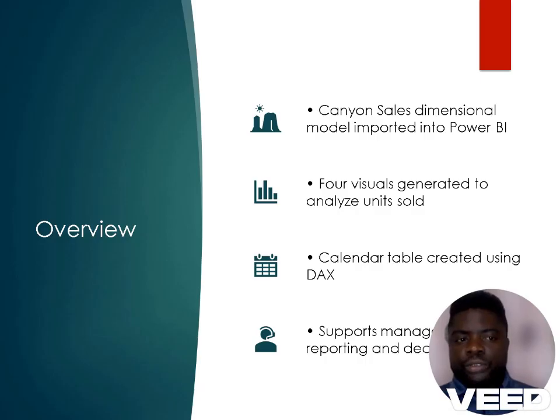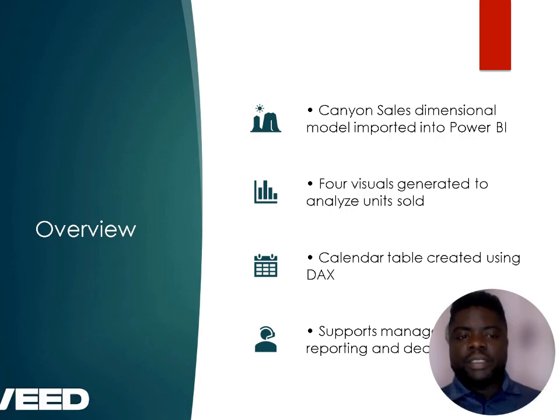Moving on to slide number 2, here is a quick overview of what we will be covering. First, I will briefly revisit the Kenyan sales dimensional model and how it was loaded into Power BI.